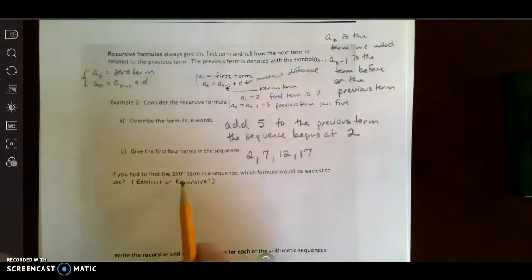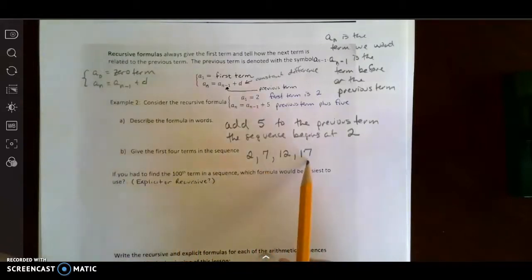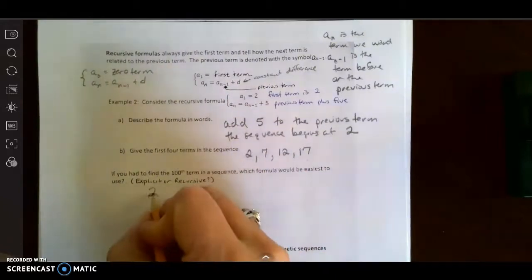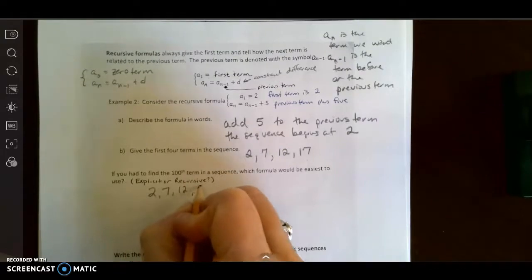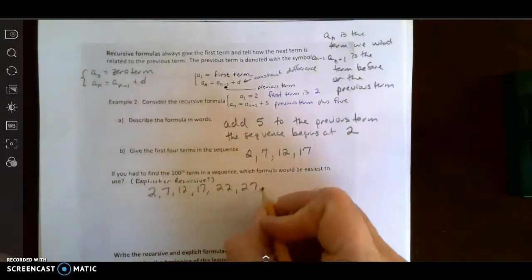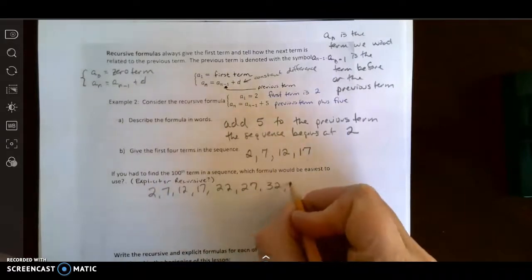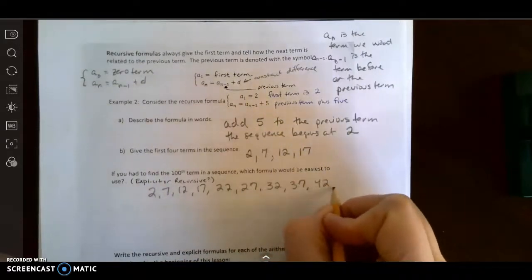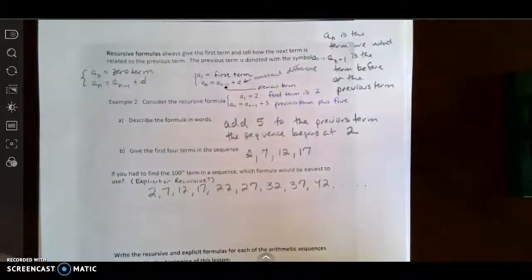Then it asks if you had to find the 100th term in a sequence, which formula would be easiest to use, explicit or recursive? Well, if I use recursive, I'm going to have to keep adding 5, and I'm going to just have to keep going until I get to the 100th term.